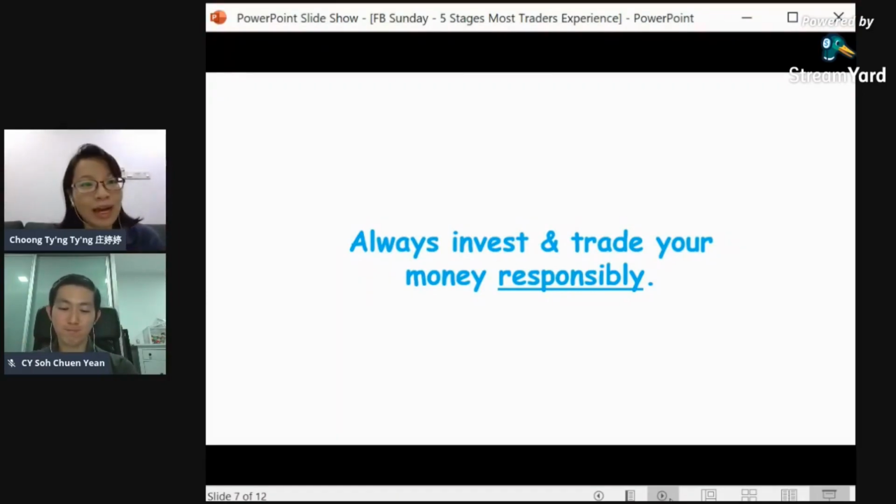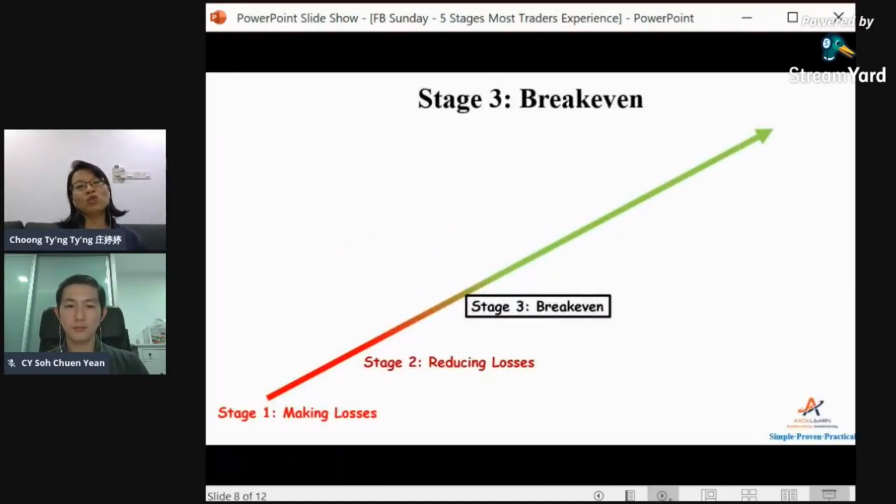If you don't do that, what for? That's why in terms of trading or in terms of investing, please, there's no windfall. There's no windfall profit. You must always work hard to get it. There's no shortcut way, but you can fasten your learning curve, but there's no shortcut way. Please bear in mind.